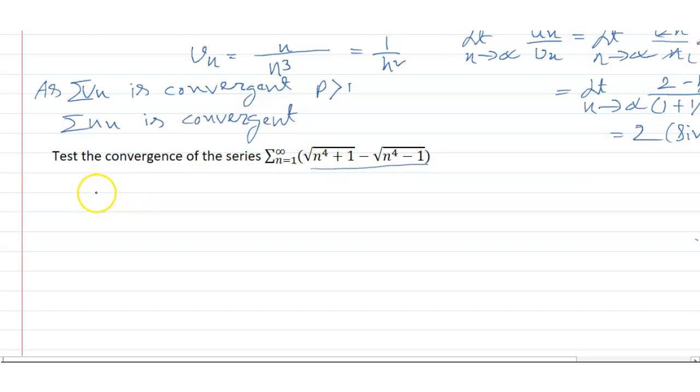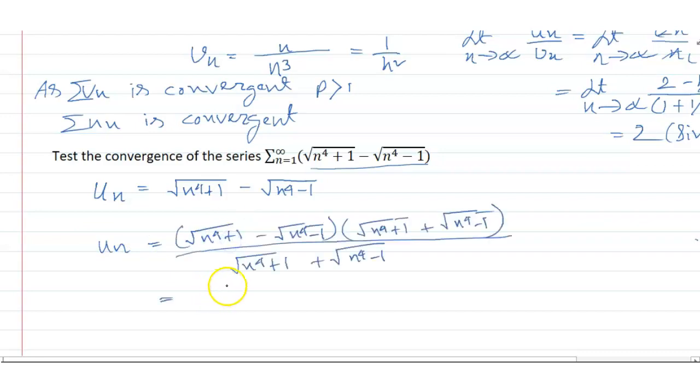So Un equals summation root of n to the power 4 plus 1 minus root of n to the power 4 minus 1, and this value is 2 divided by root of n to the power 4 plus 1 plus root of n to the power 4 minus 1.